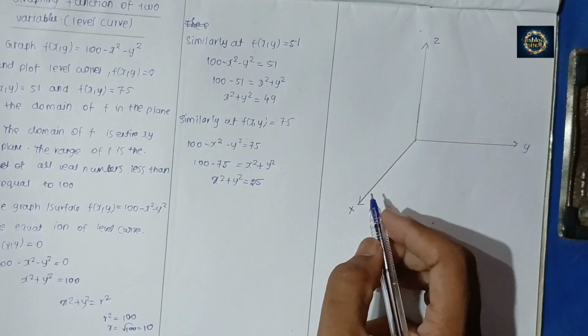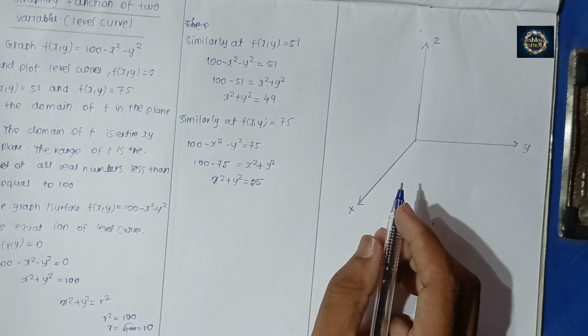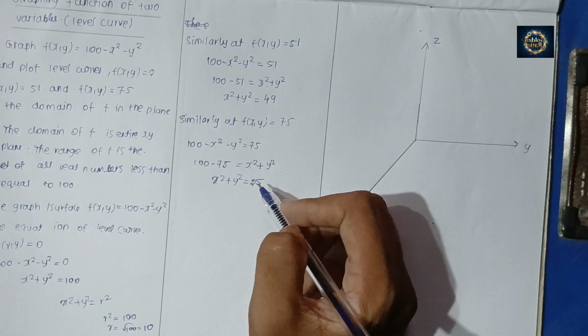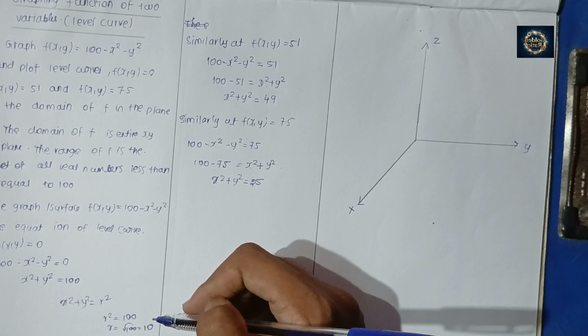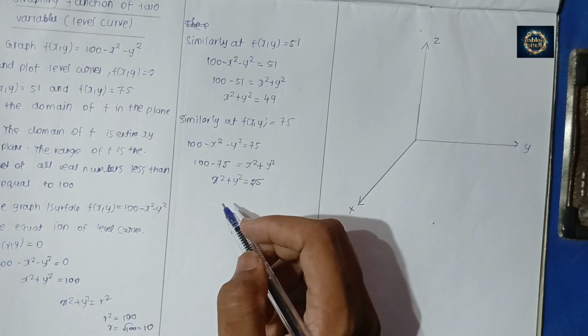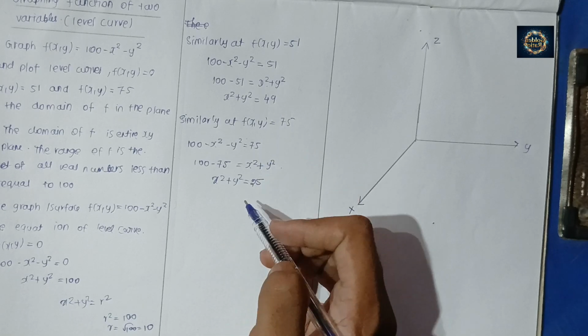We need to plot these three equations. A rough figure is enough, since we don't know what the unit is. These three are all circles with different radii: 10 units, 7 units and 5 units.